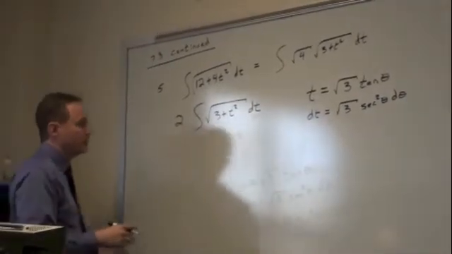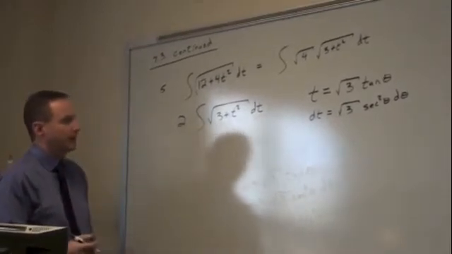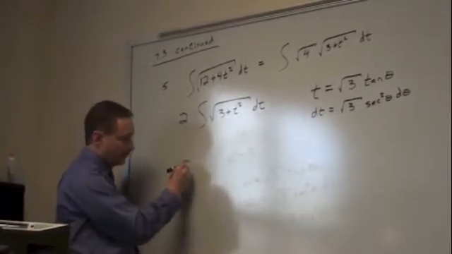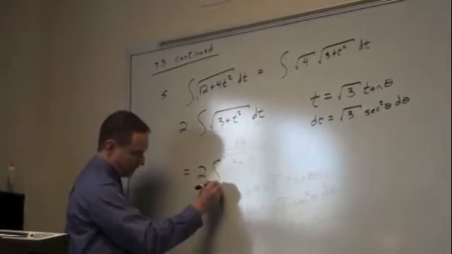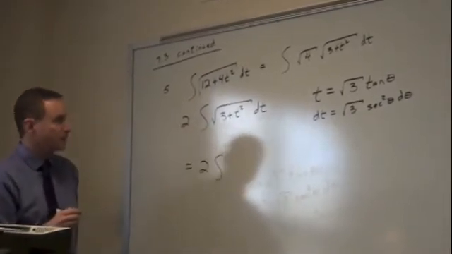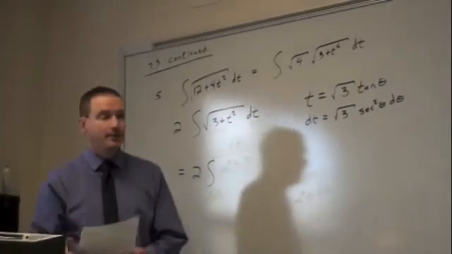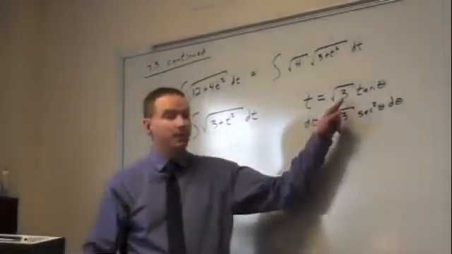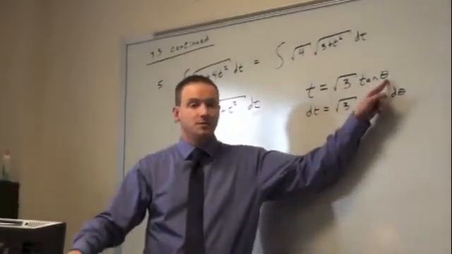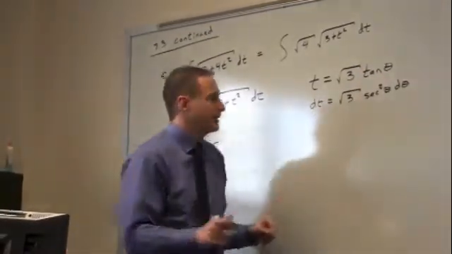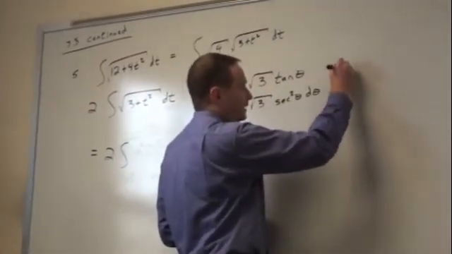So I go into my problem and I just try to simplify things out. I know that this will give me 2 times the integral of the square root of 3 plus t squared. Just like in the last problem, that's going to be 3 plus 3 tangent squared theta.